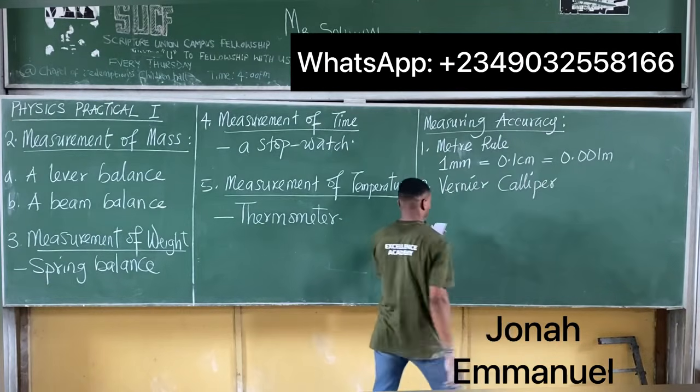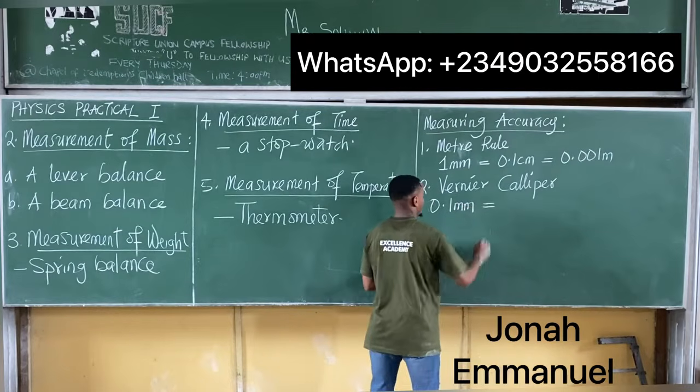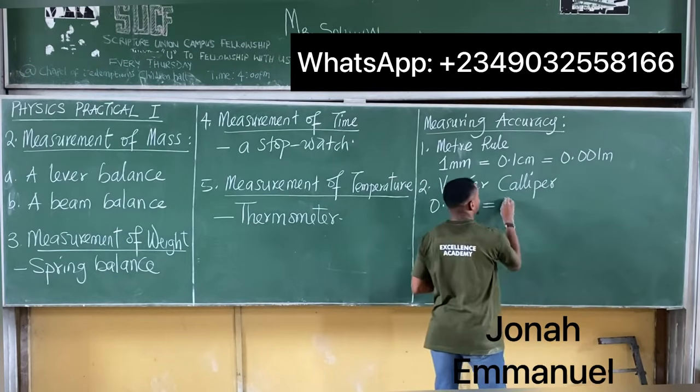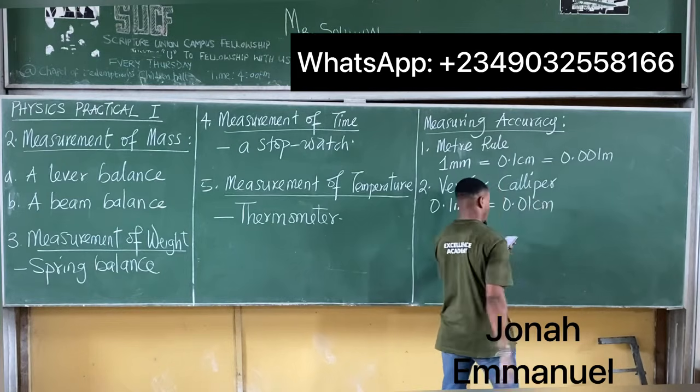Number 2, vernier caliper. Measuring accuracy is 0.1 millimeter, as we said. In centimeters, divide by 10, 0.01 centimeters.